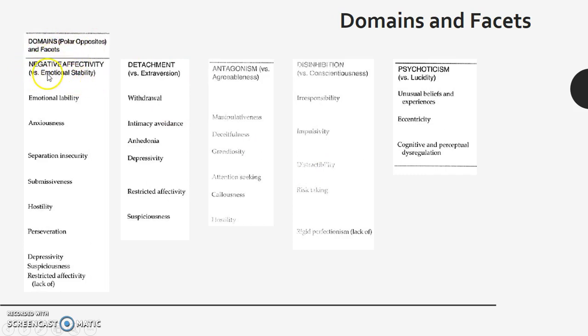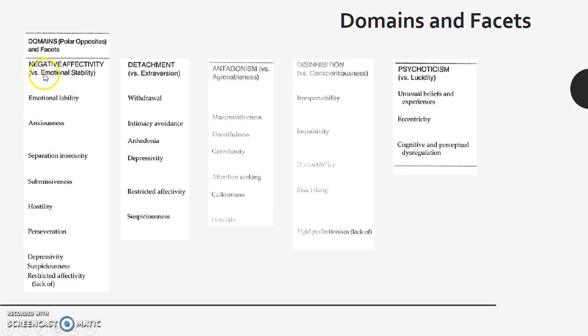So what does this mean? Again, this is the name of the domain, let's say the family of traits. So negative affectivity is the domain, and the facet would be each one of these traits. These are called traits or facets of the negative affectivity domain, okay? So this chart shows all of the domains and facets, and remember, these are pathological traits, okay?